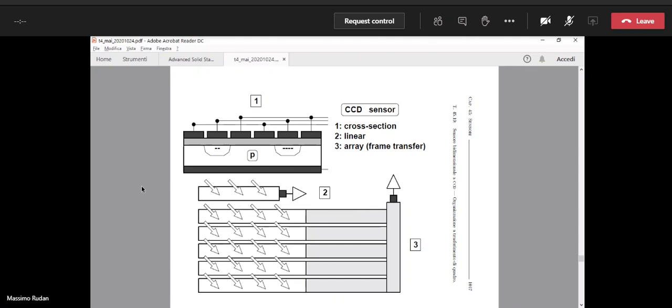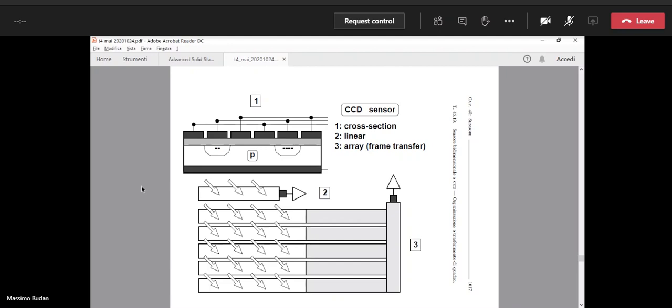How can we implement the interlaced format when we are using a frame transfer CCD? This is very easy because simply during one integration time, we operate at high voltage the gates of odd index. And in the next integration time, we operate those of even index.